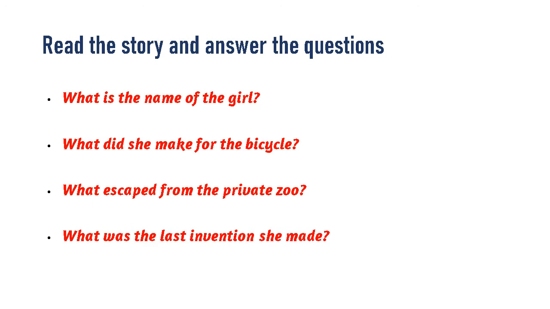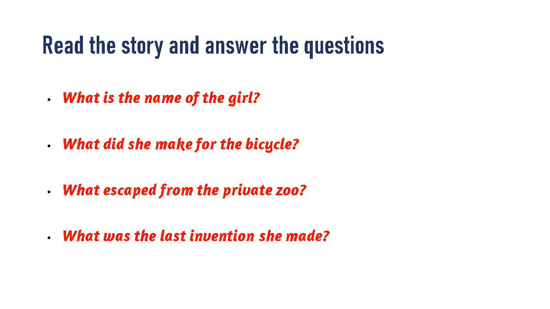Number 2, what did she make for the bicycle? So this girl made many things, but what did she make for the bicycle? I need only one thing for the bicycle. And question number 3, what escaped from the private zoo? As we know, a zoo has animals.